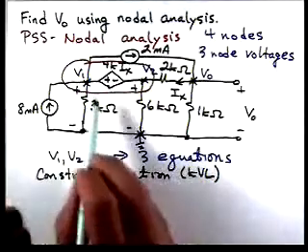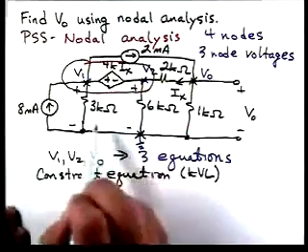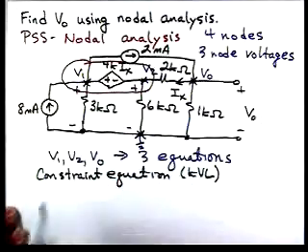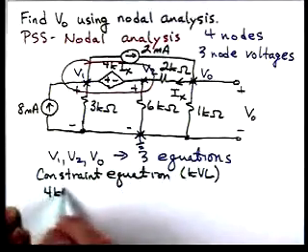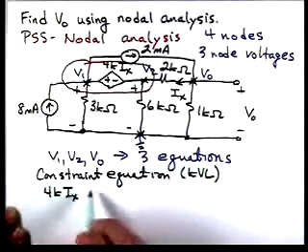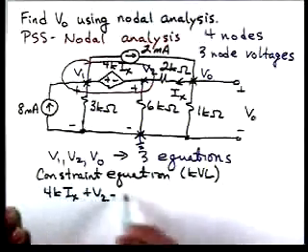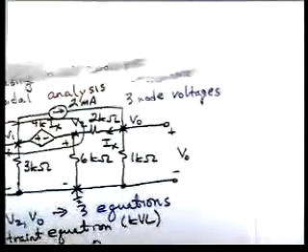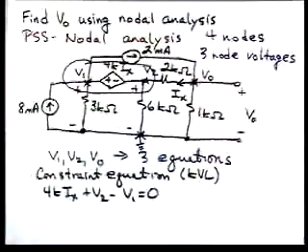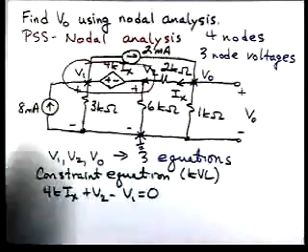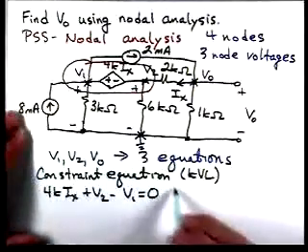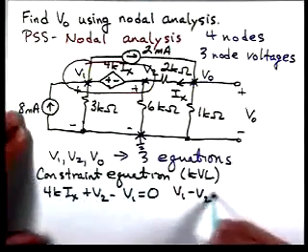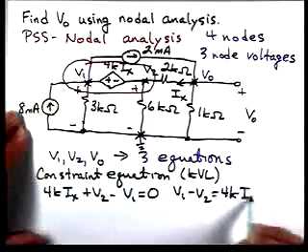We're going to apply KVL around this loop. So we have 4K IX plus V2 minus V1 equal to 0. So then we can write V1 minus V2 is equal to 4K IX.